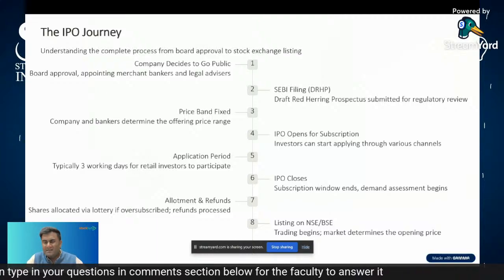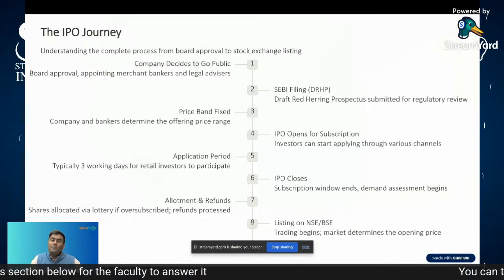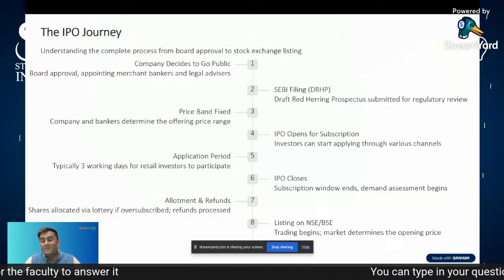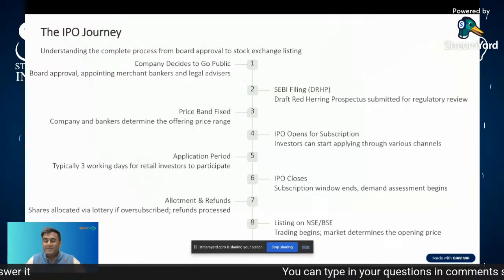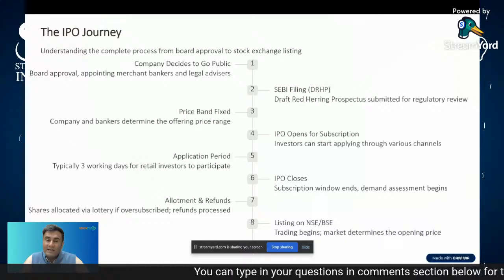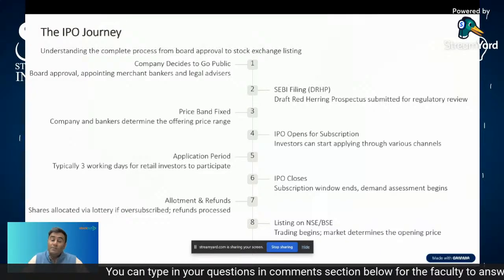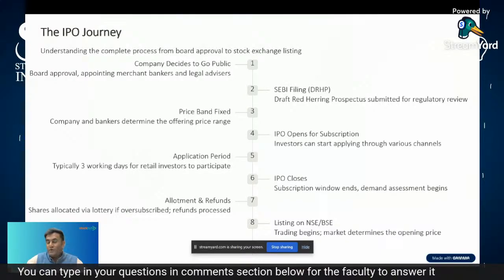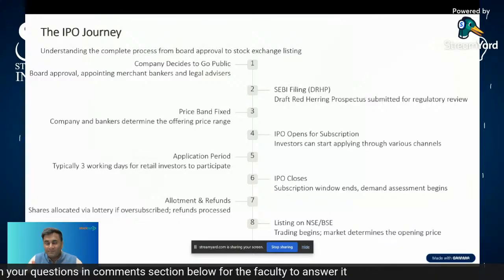And then the trading begins with the opening bell, and based on the demand and supply equation, the price will either open with a premium or it will open flat.